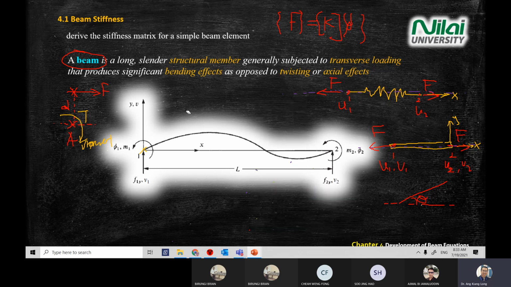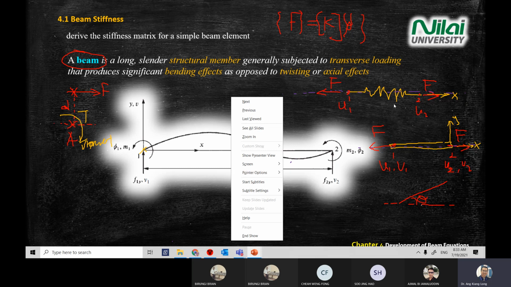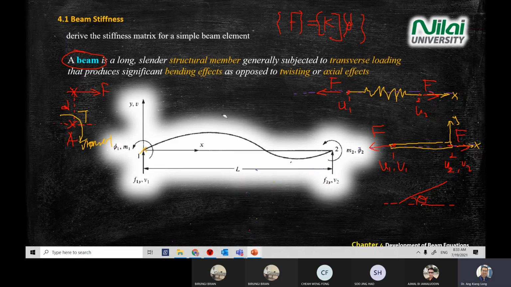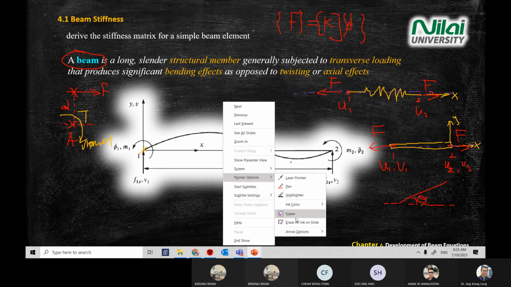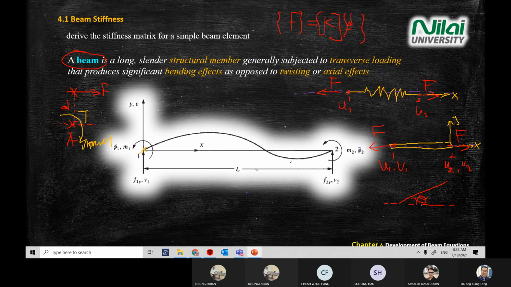Today, the first session, I want you to have a clear mind of what a beam is compared to the spring and bar scenario. Look at the force, how the force acts on the body itself. Try to understand how the force can act on the body or on the element.